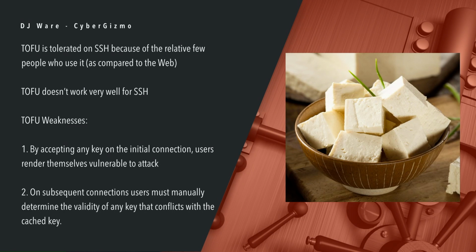The second problem is that on subsequent connections, that initial host key is cached in your known hosts file. And on subsequent connections, the user has to manually determine the validity of any key that conflicts with that cached key. So SSH is going to make a comparison between the two, and then it's going to issue the dreaded warning.